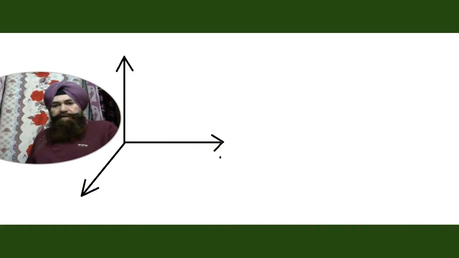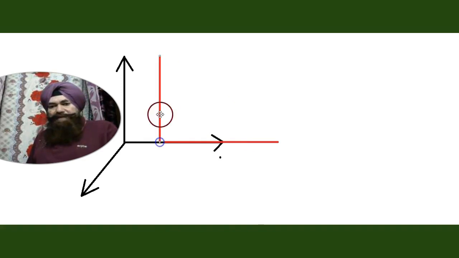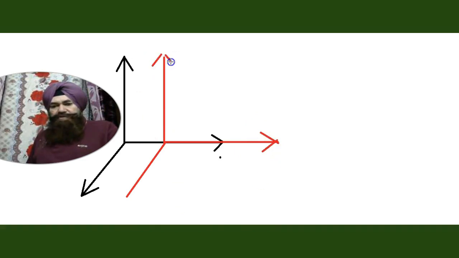This is a frame S, with x-axis, y-axis, z-axis. Now another frame is shown with the help of the red lines, and this frame is displaced by some distance because it is actually moving. The origins are not coinciding now because we have shown the two frames at time t greater than 0.